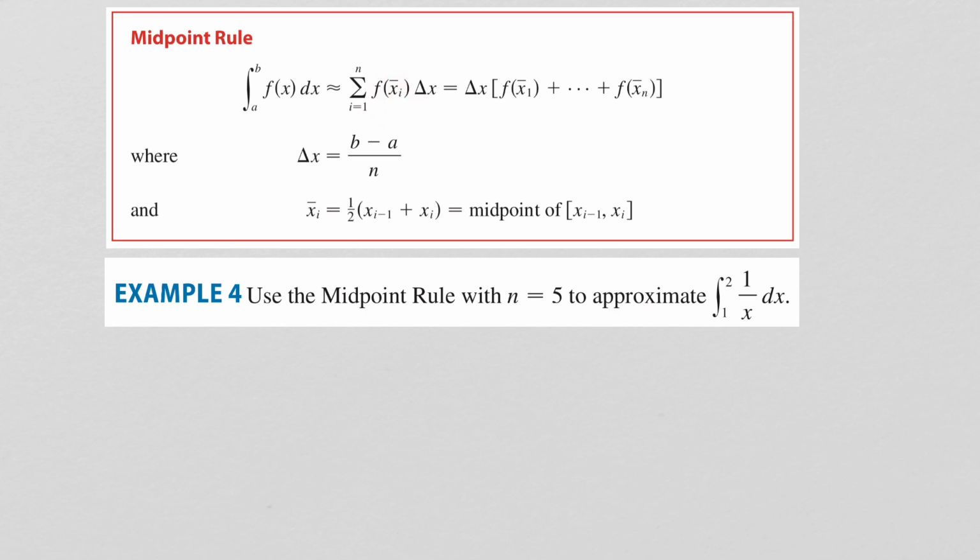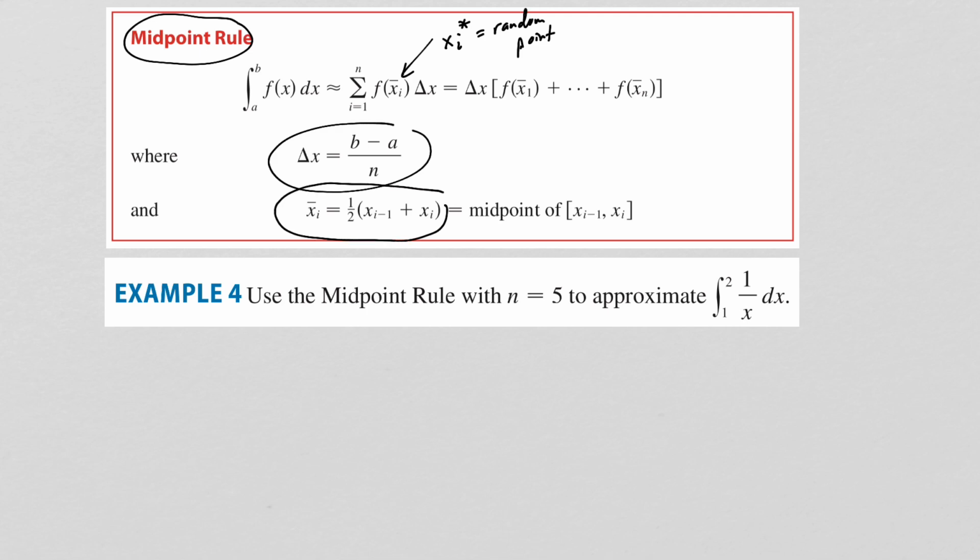Remember the old Riemann sum usually has an xi star here, and that means you're using a random point. Sometimes we use left endpoints, sometimes we use right endpoints. Well, the midpoint rule says you can use midpoints. Delta x is the same formula, and they give you a formula here for the midpoints, but usually it's not necessary to actually use this formula to get your midpoints.